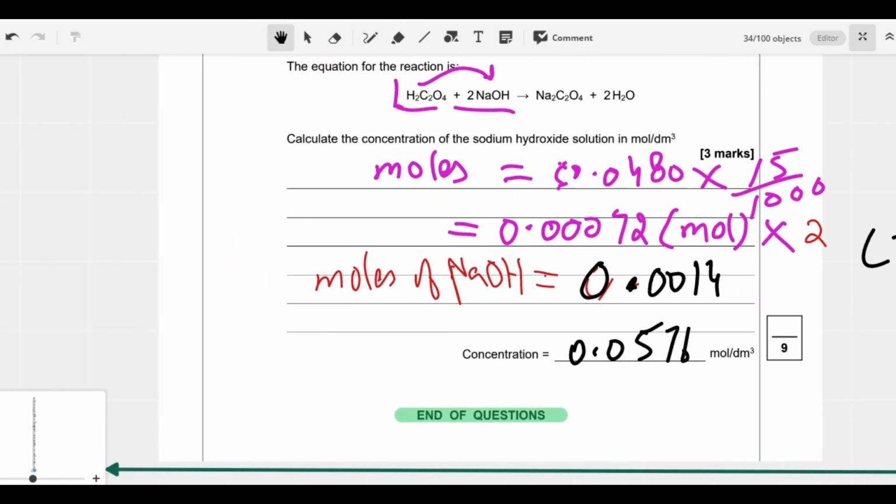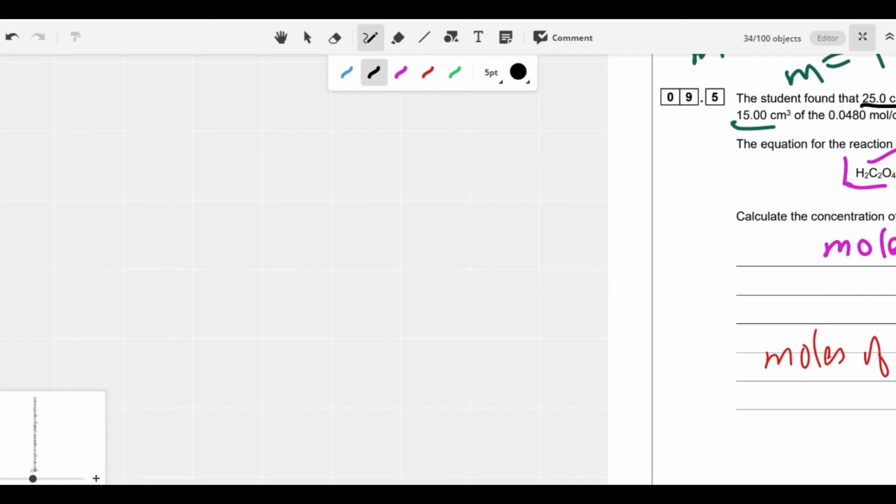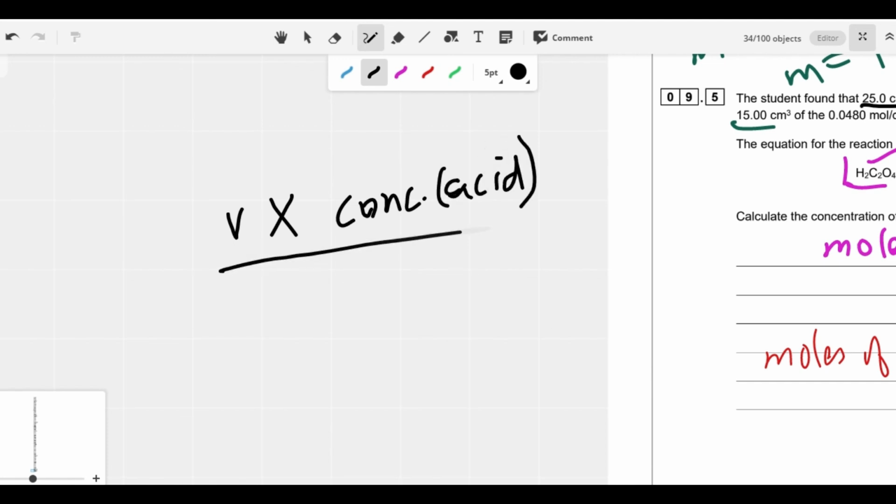Okay, so that is the first way. The second way, in which I am going to write again, is the volume times the concentration of acid over the volume times the concentration of base.